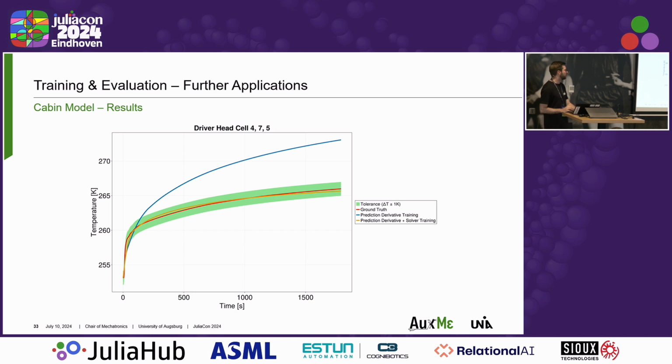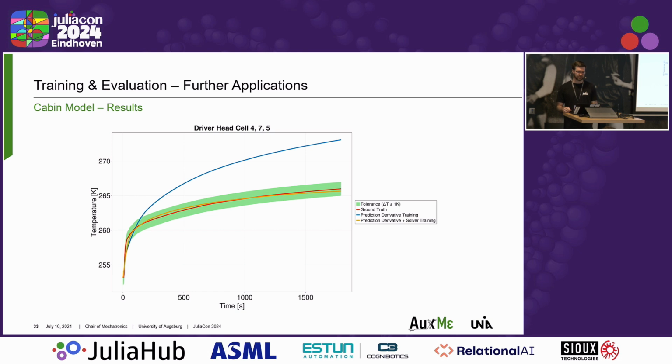What we see here are similar results to the hydraulic brake pipe that we've seen before. You can see here in orange is our ground truth data. The reason why we have a green strip around the ground truth data is because that was one of the requirements that we had.